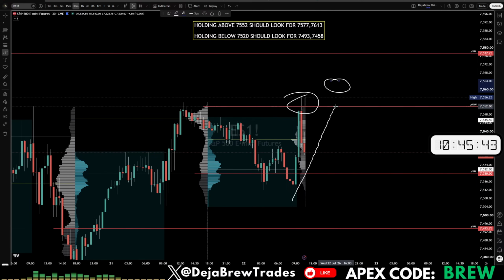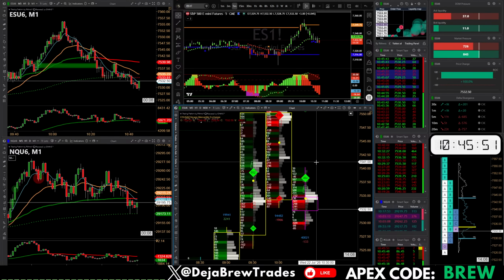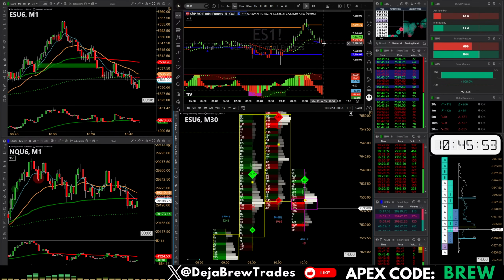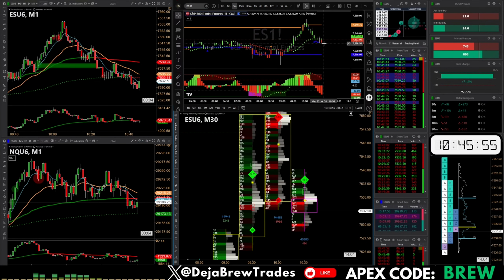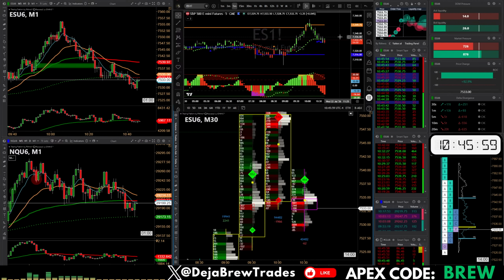If they can't find value up here, then it's just going to go right back down. And that's exactly what we're seeing, right? Because overall, you're still actually bearish. You have not found any value above that like 50 area.